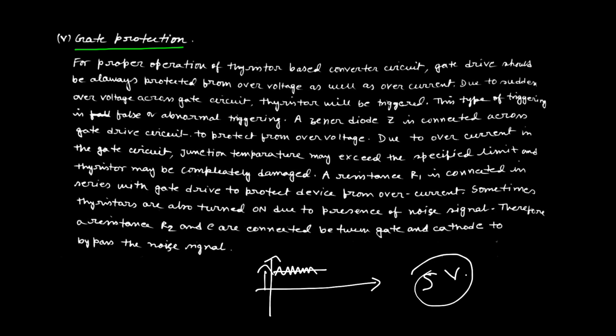That is why the thyristor will be turned on in an unwanted situation. That can be dangerous for the converter circuit. That is why this is called unwanted firing. To protect against it, normally we add a resistance to suppress this kind of unwanted signal and the unwanted magnitude of the noise signal.